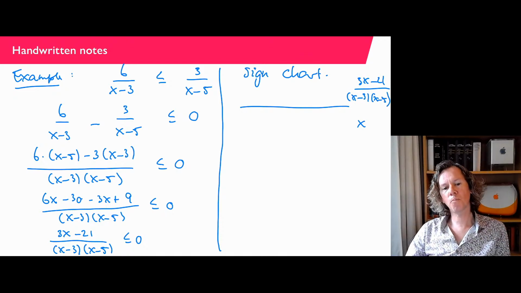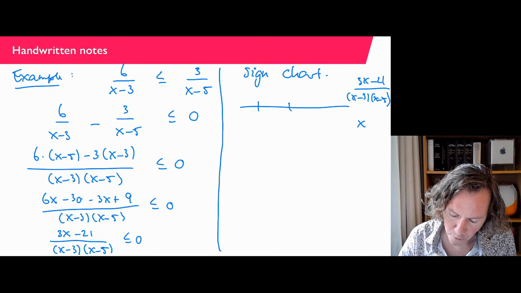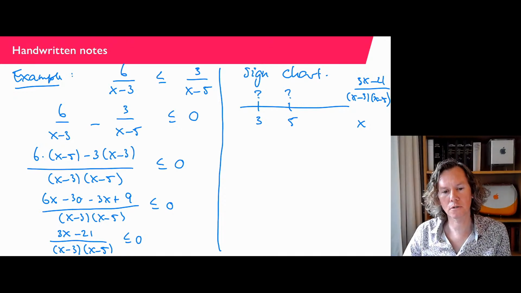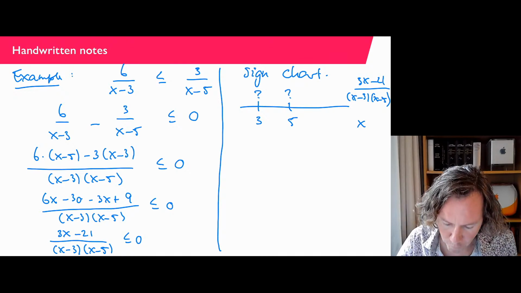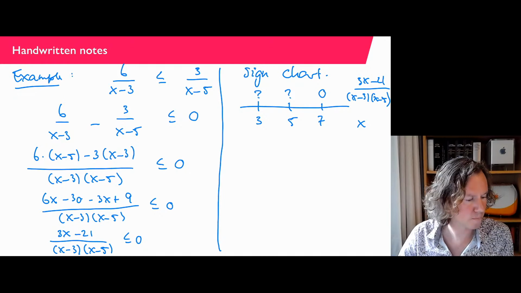So what are the special points? The denominator equals 0 for 3 and 5. So there, this expression has a question mark. I don't know what the sign is. Then the numerator is going to be 0 for x equals 7. So there it equals 0.